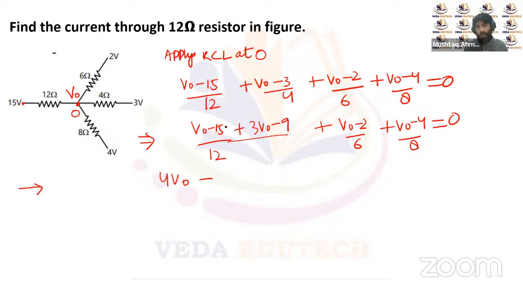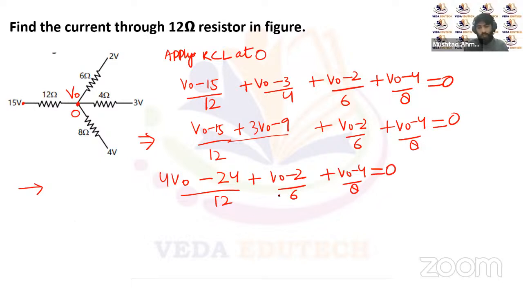And it will be minus 15 minus 9, that's equal to minus 24 over 12, plus (V naught minus 2) over 6, plus (V naught minus 4) over 8. That has to be equal to 0. Now we'll take the LCM of 12 for these two terms.